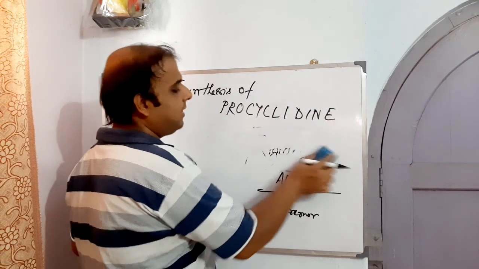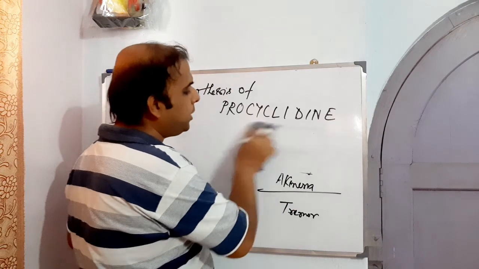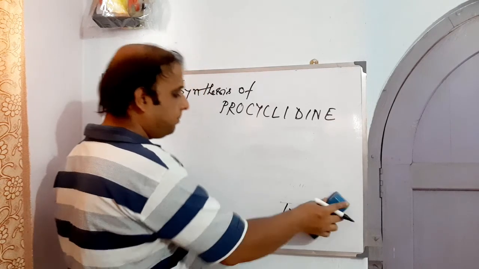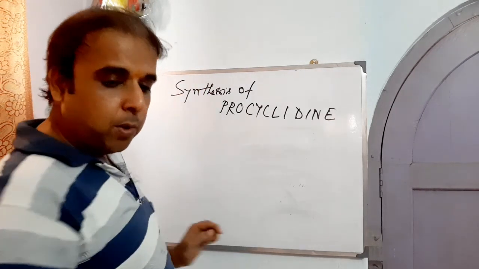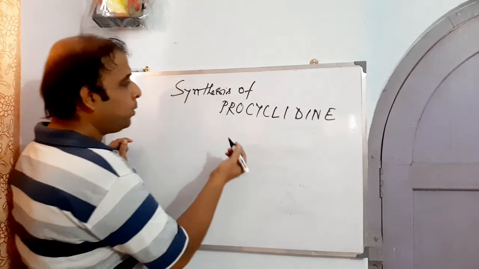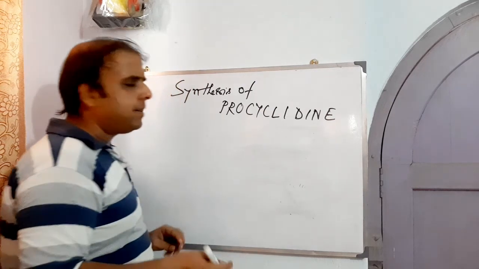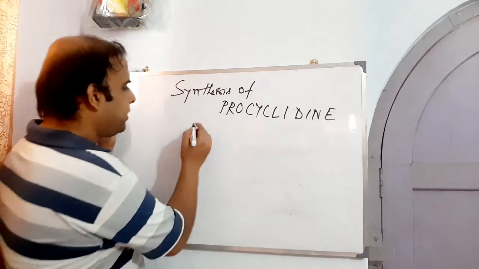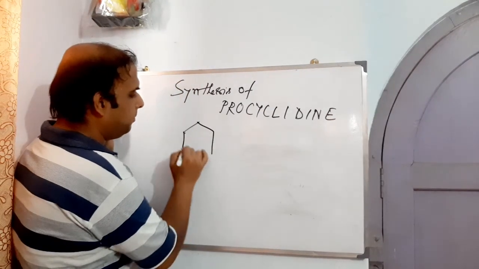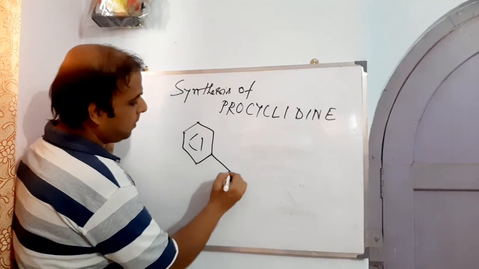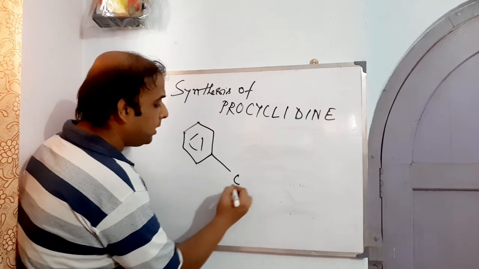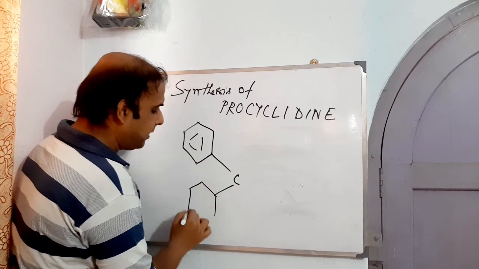As I said, the structural classification in which procyclidine belongs is amino alcohols. Procyclidine: cyclidine means definitely cyclic systems are there. One is aromatic, the other one is alicyclic.